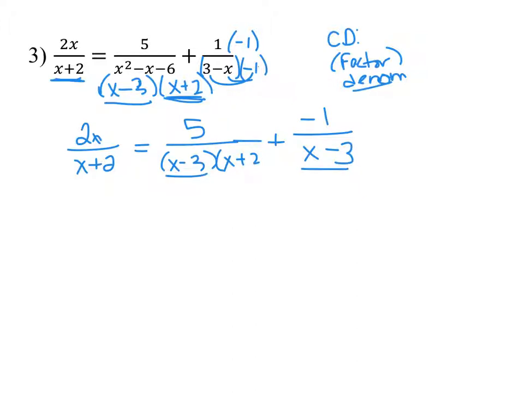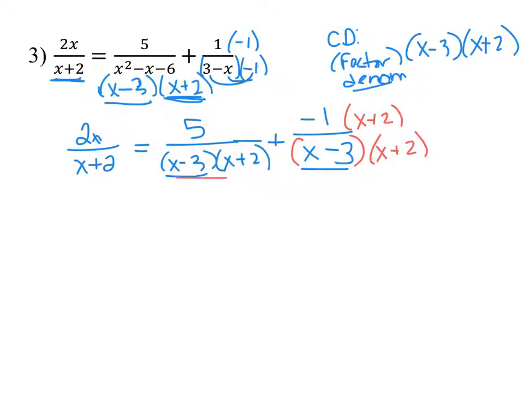So now my common denominator, all of them have to have the same factors: x minus 3, x plus 2. If I multiply this one by x plus 2, its denominator is going to be the same as this one. If I multiply this one by x minus 3, its denominator is going to be the same as all of them.